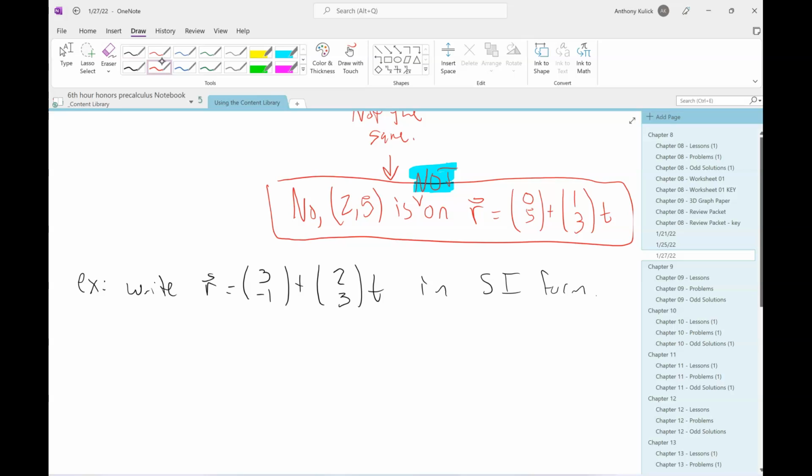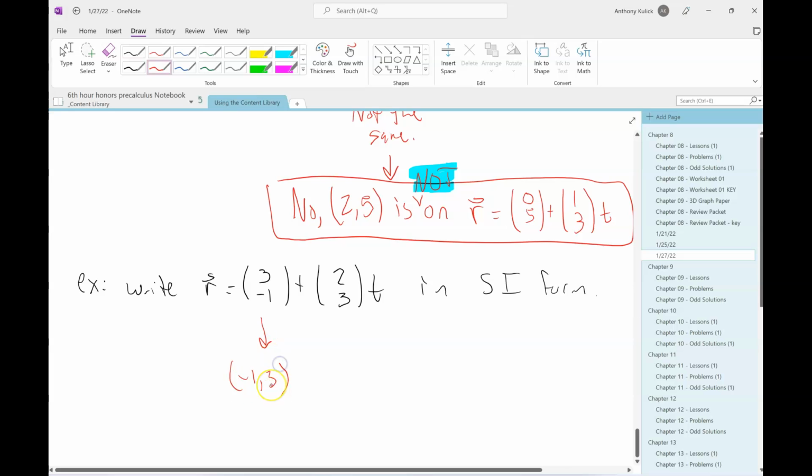All I need to do is pick two different values for t. That'll give me two different points. Or what I would prefer to do, from my point vector, I can read the point 1, 3. From my direction vector, I can read the slope 3 over 2.